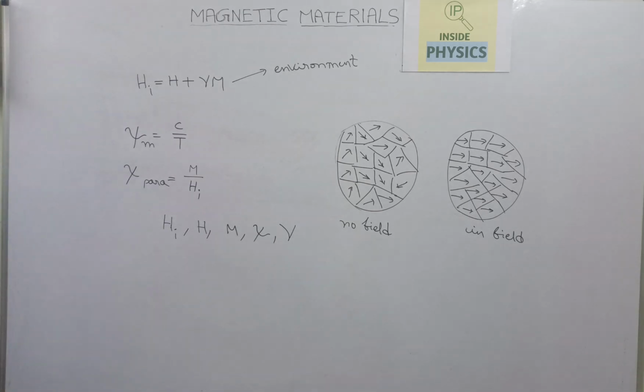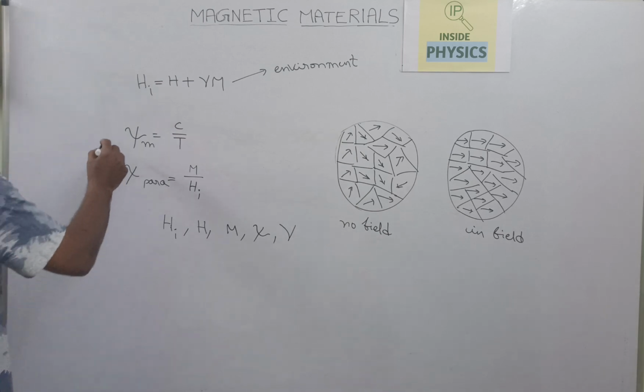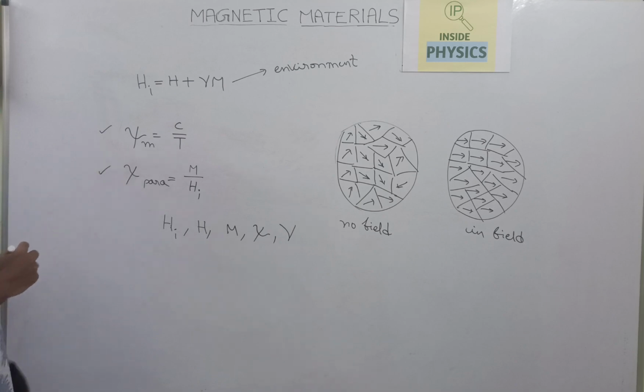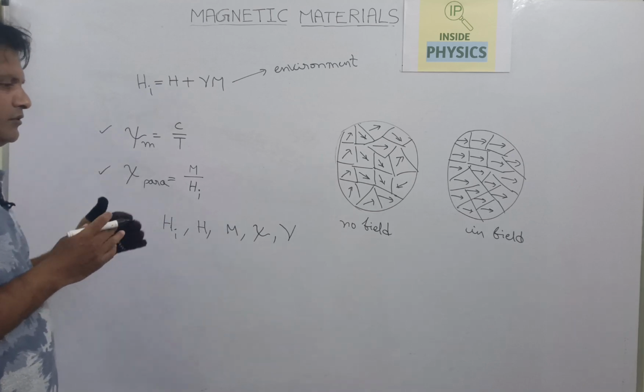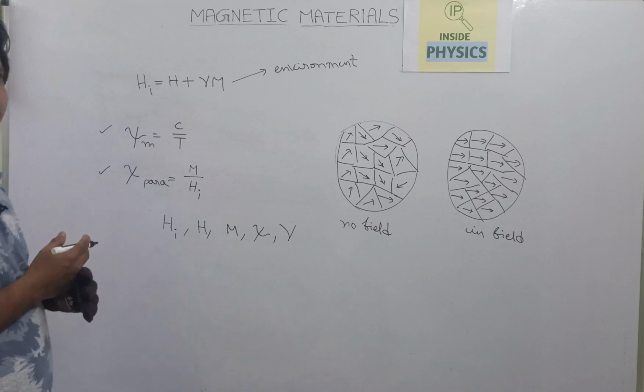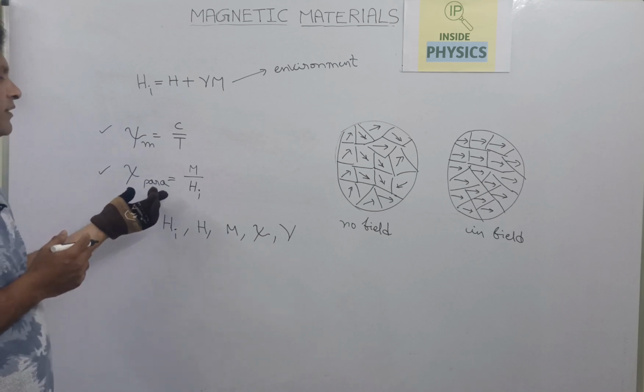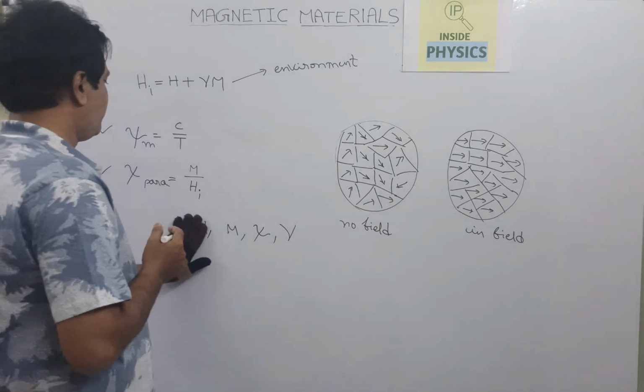If you observe these susceptibility relations, C is the Curie constant, T is the absolute temperature, and Hi is the internal molecular field. What is the paramagnetic state of a ferromagnetic material? When you increase the temperature beyond the Curie temperature, the ferromagnetic material will turn into a paramagnetic material.